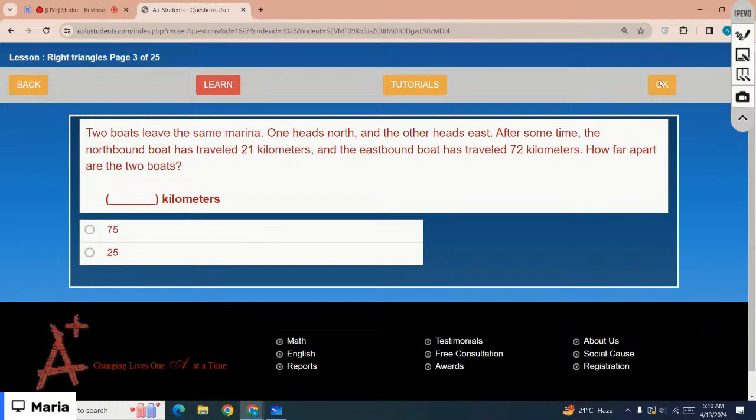The correct option is 75 kilometers, right? Okay, you can complete the lesson by yourself later today.